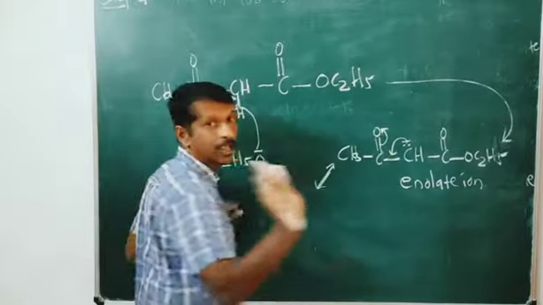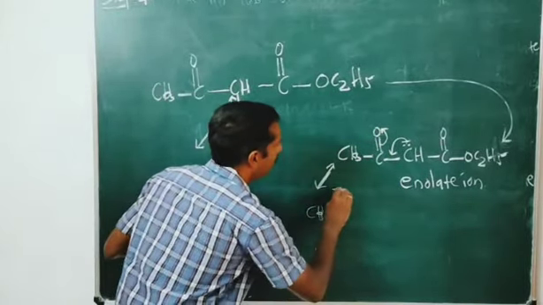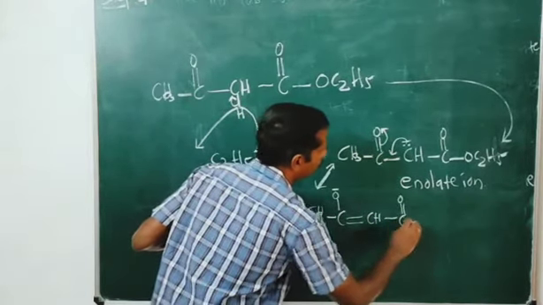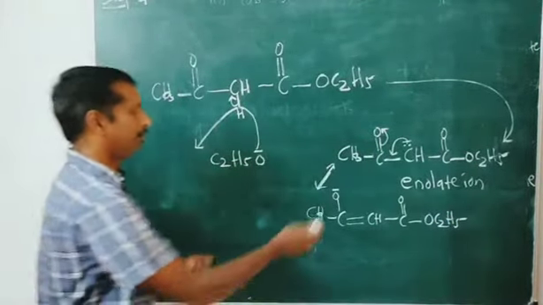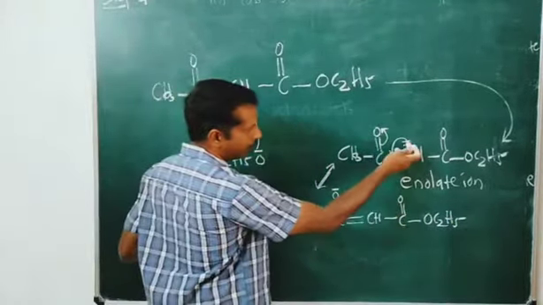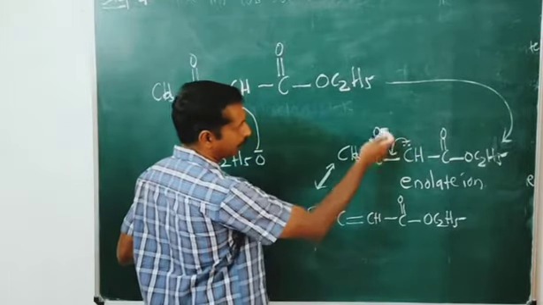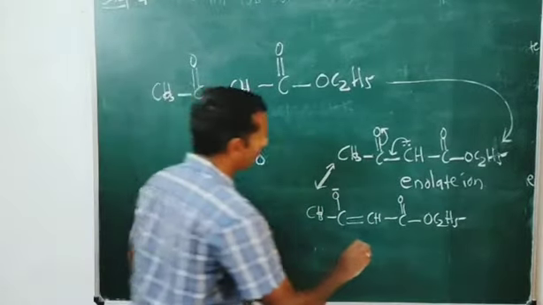So you are getting one resonance stabilized structure: CH3, C O minus, double bond CH, single bond C, double bond O, C2H5. When this pair of electrons shifts here, it will become a double bond, and this bond is shifting to oxygen.